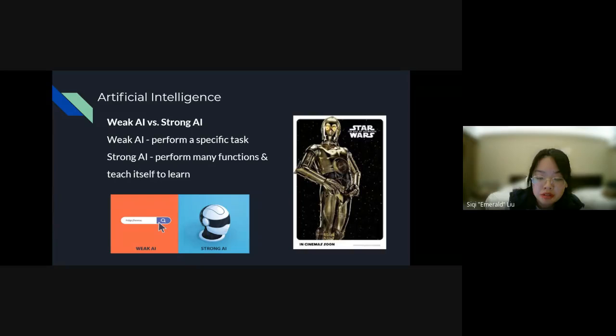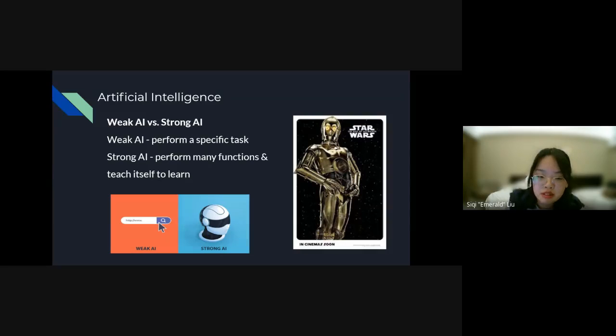And moving on to artificial intelligence. When the term AI is introduced, we would most likely think about a human-like robot, like C-3PO in Star Wars. However, there is a difference between a weak AI and a strong AI. A weak AI is AI that only performs one single specific task, such as a search engine. The user would give it a search term, and it would return the search results, some websites or images.